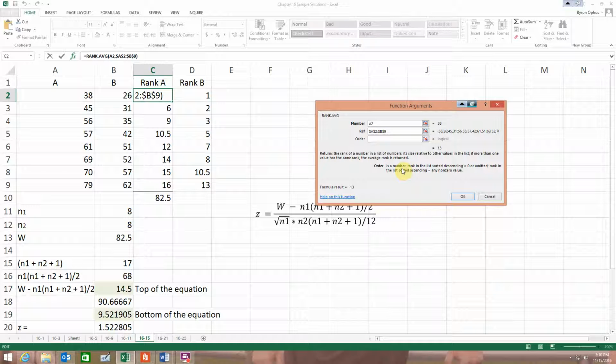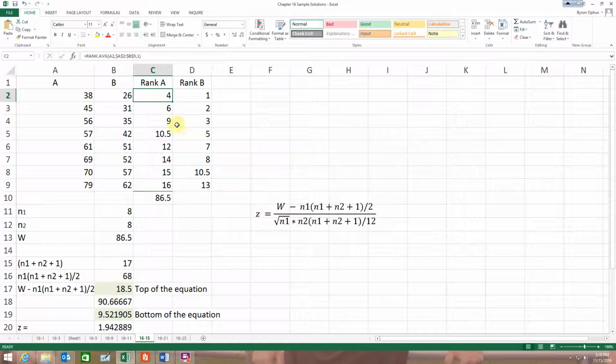Order is a number. Rank in the list sorted descending equals 0. Yeah, if I wanted ascending, I guess I have to put in a number. I had it the opposite last time. I got to put in a number anyhow. So it's ascending. Okay? And then I can just copy this, right?